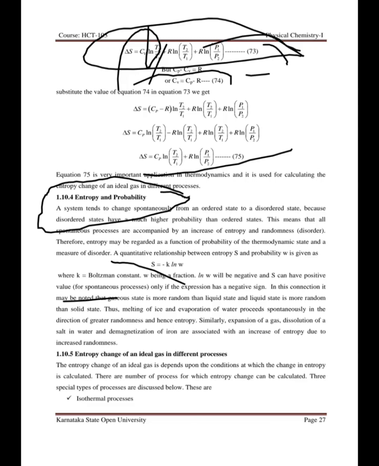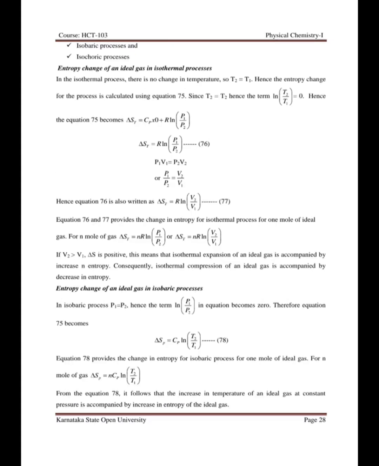So next, entropy changes for an ideal gas in different processes. The entropy change for an ideal gas depends upon the condition at which the change in entropy is calculated, at what temperature it has been calculated.